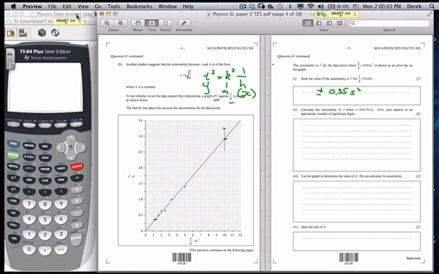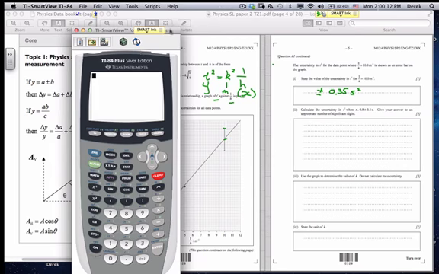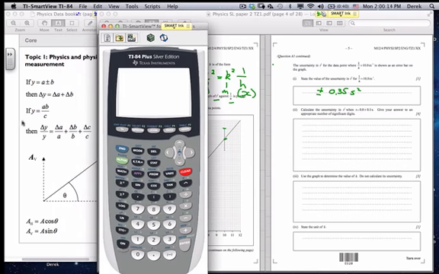To do this, we need to go to our data booklet and bring it up here. We'll be using this formula, where the error in t squared over t squared is equal to the error in t over t plus the error in t over t, where these are absolute errors.